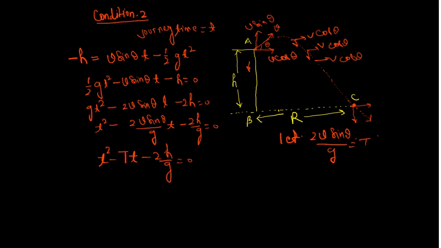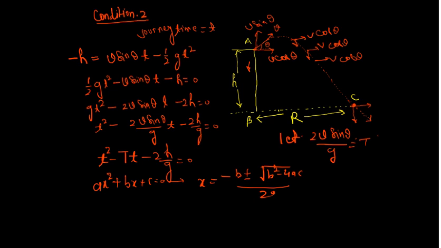If you see, my small t is the variable and this is a quadratic equation. If you compare with ax square plus bx plus c, this is my fundamental quadratic equation. Its solution is x equals minus b plus minus square root of b square minus 4ac, divided by 2a.